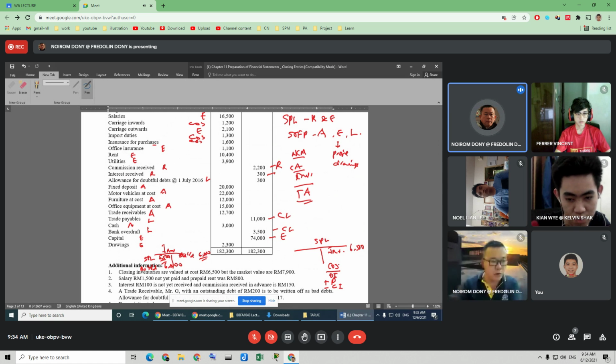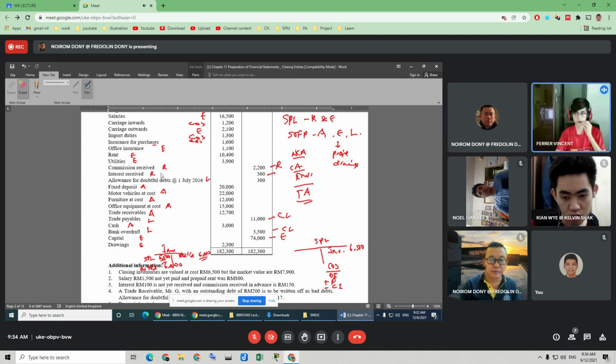So we still carry forward to the next following year. So that's why it appears in the current asset. Fair? Can you get the idea? Yes. Okay, so let me rub this off first.